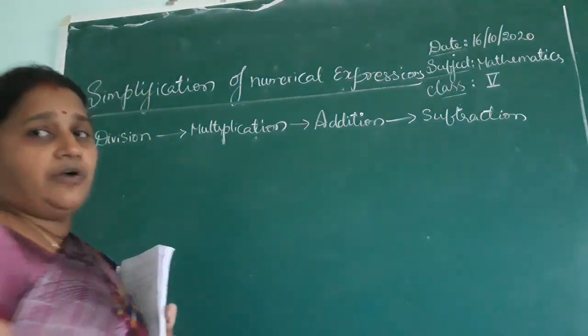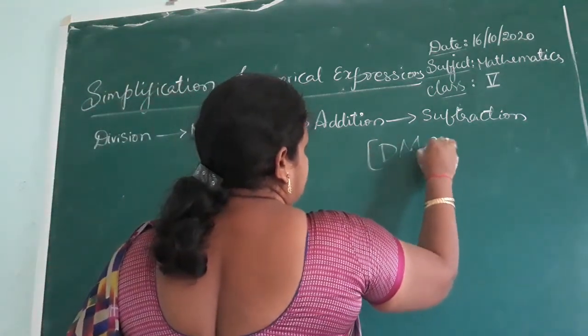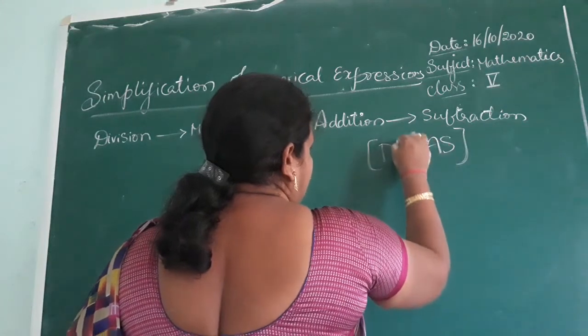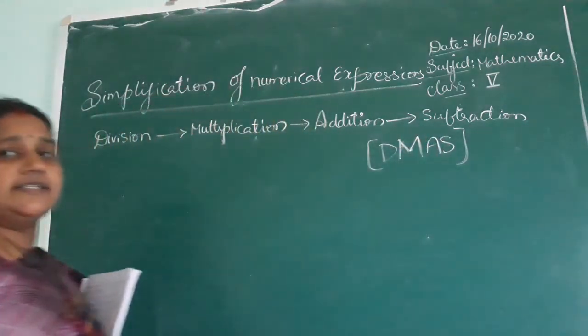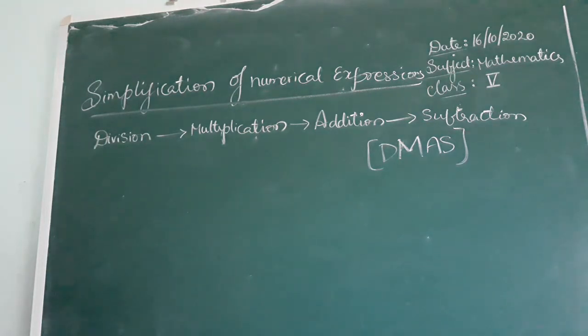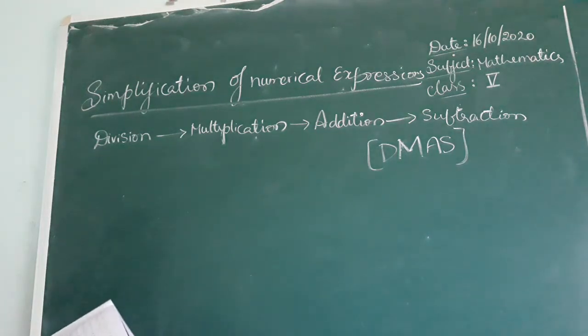In simplest form we call it DMAS. For our identification, a small sentence is also given: Dear Mother and Sister. The four operations we should follow in order are division, multiplication, addition and subtraction. That model is called DMAS.